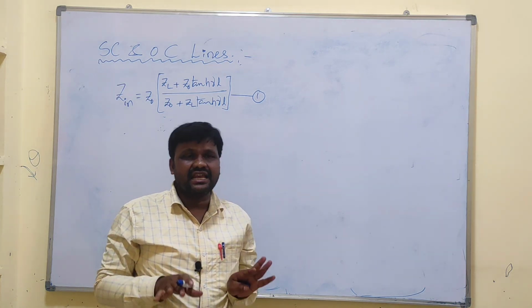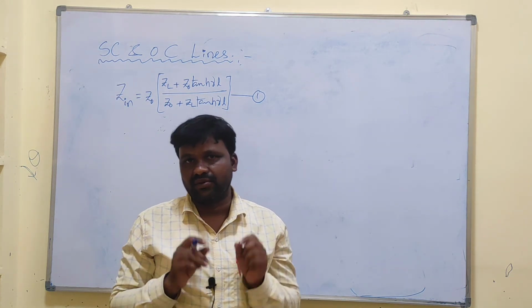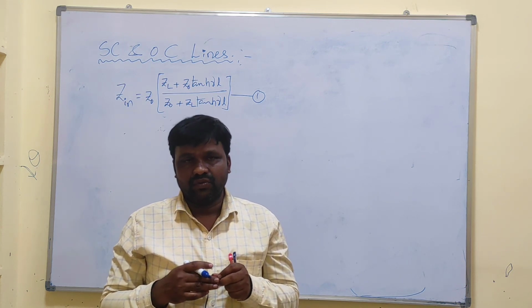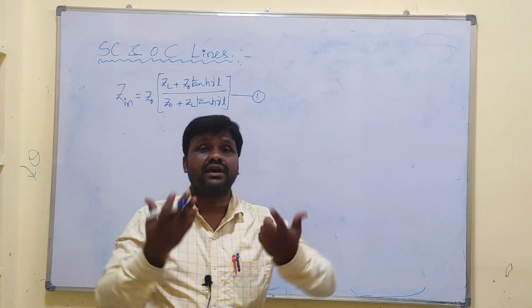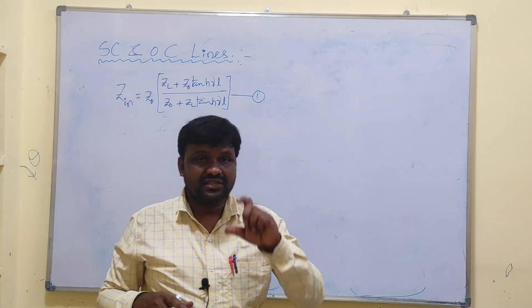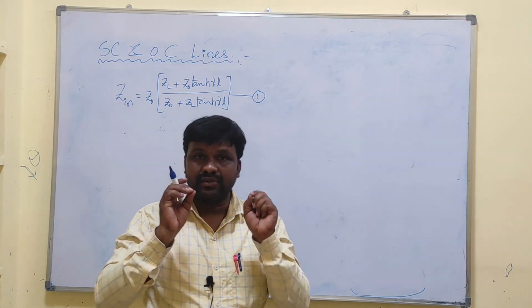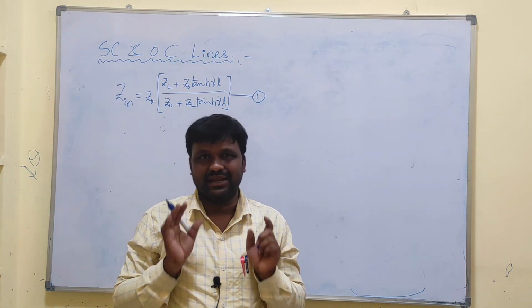What is meant by SC line? Short circuited line. What is meant by OC line? Open circuited line. We all know that in short circuit, we have the maximum current, which means minimum impedance. For a short circuited line, the load impedance must be 0 because the impedance is minimum.